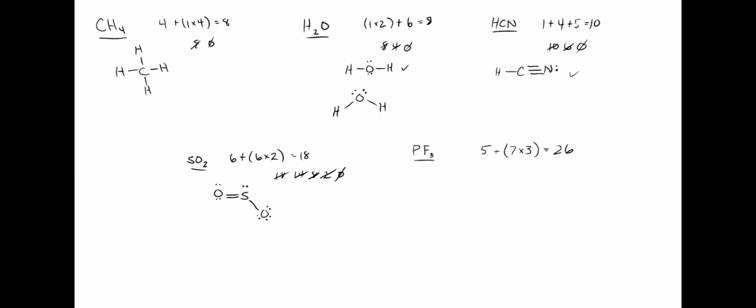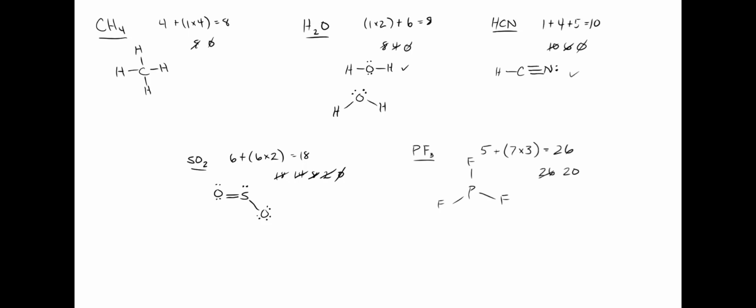All right, fluorine is the most electronegative, so it certainly is not the central atom. Phosphorus is. And so I'm going to start here by drawing these as far away from each other as I can. And so this gives me, let's see how many electrons. So we have 26. So I'm going to take away 2, 4, 6 electrons.